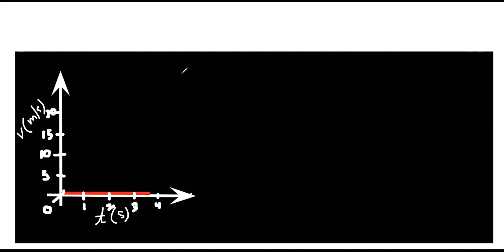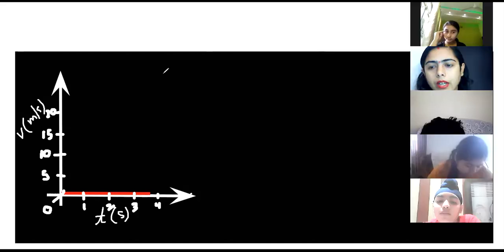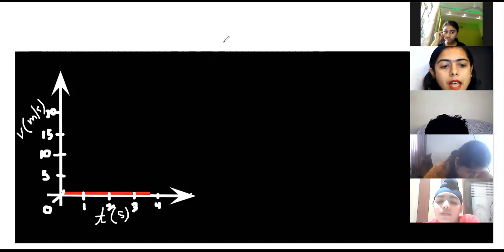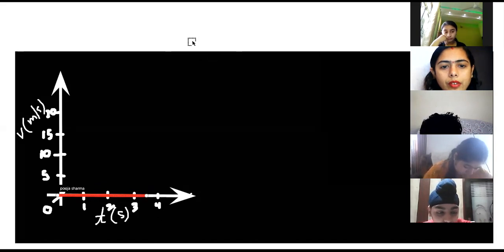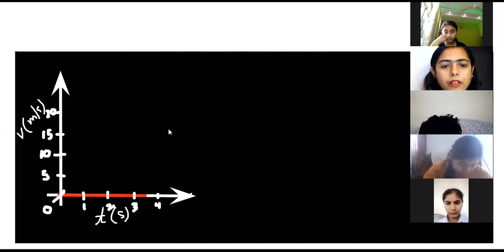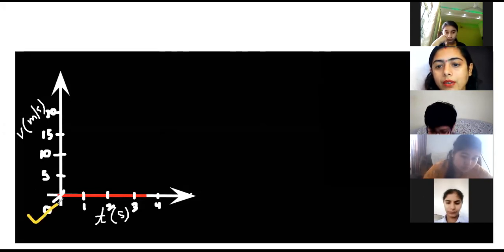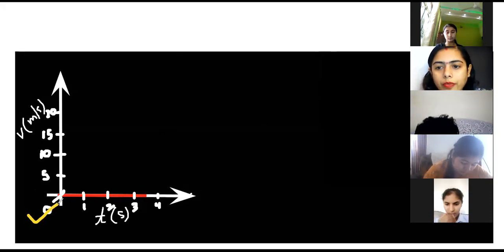Now, if you see the red line which I have drawn, what does this line mean? What is the value of velocity in front of the red line? The value of velocity is 0. It means you have 0 speed, 0 velocity. What it means is that the object is not moving at all.